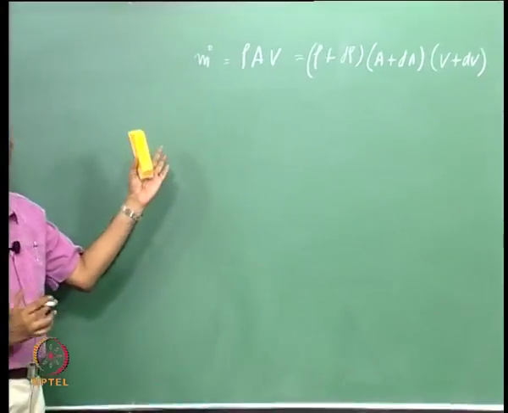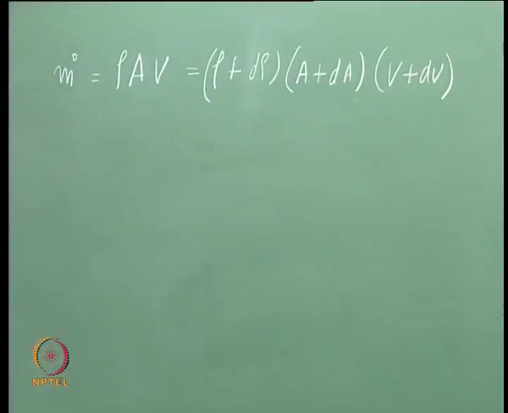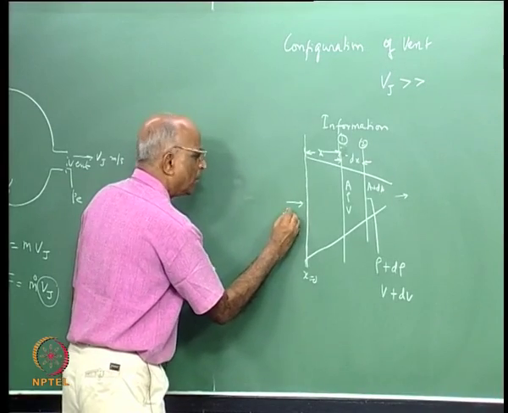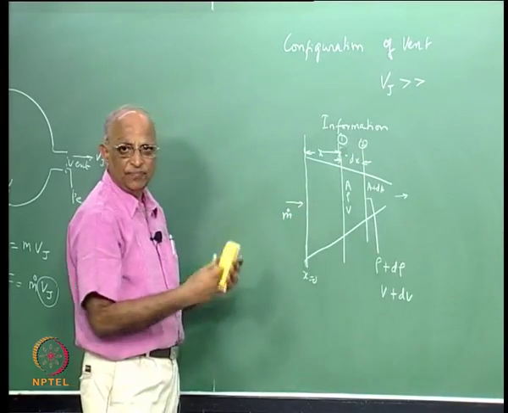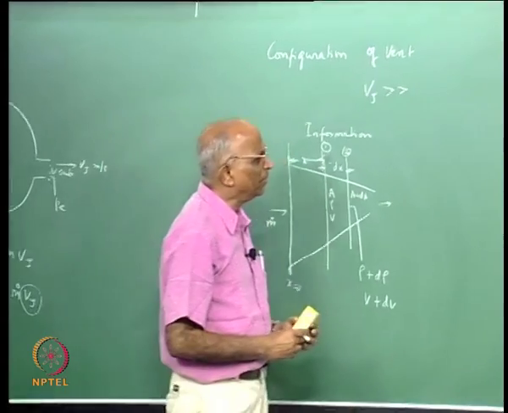This is the mass balance equation. Since the flow is steady, the same mass flow rate flows through this section and that section. Let us solve this equation, and see what we get.